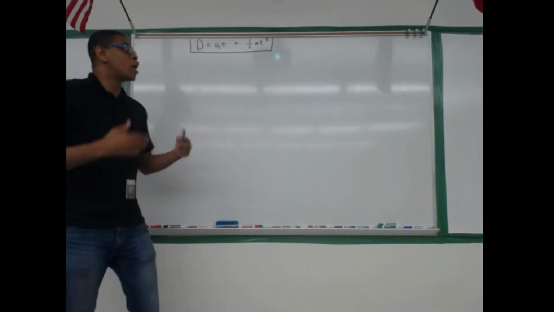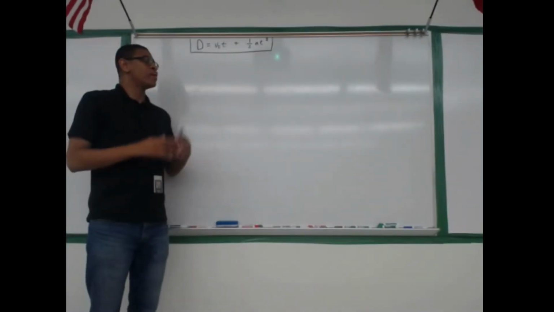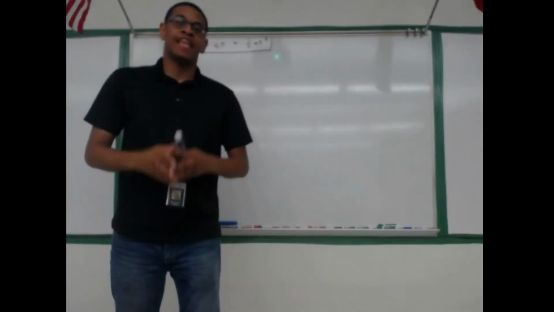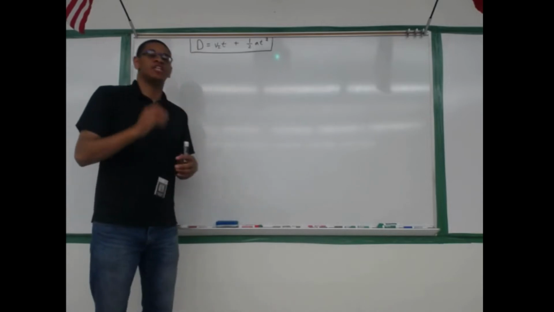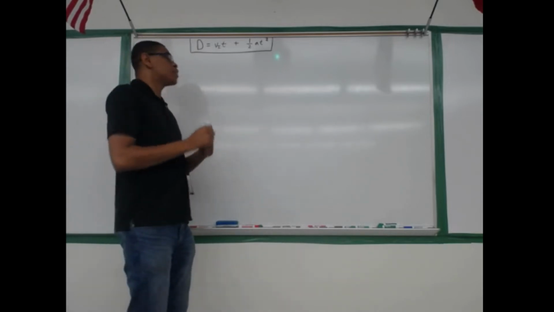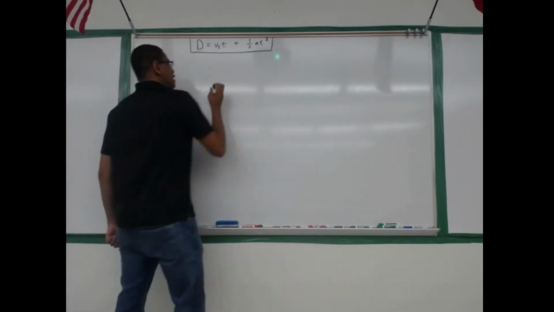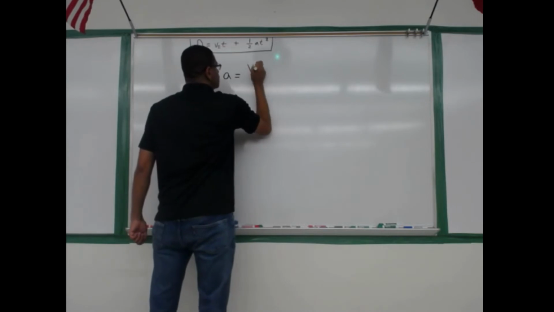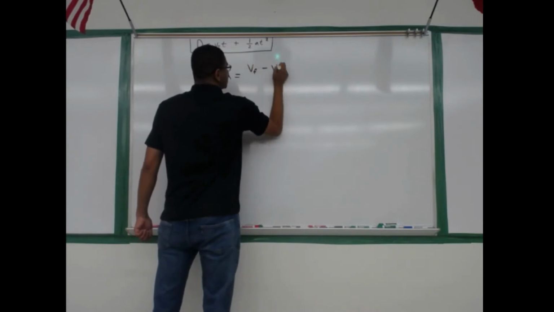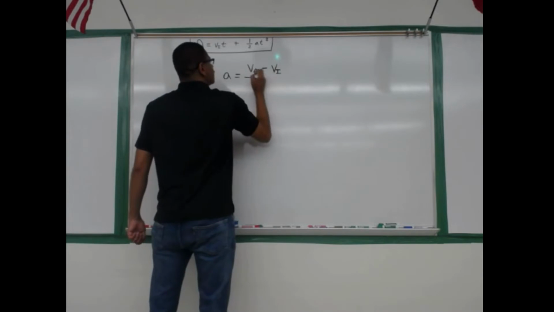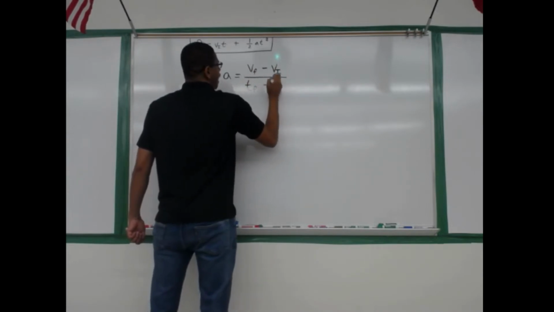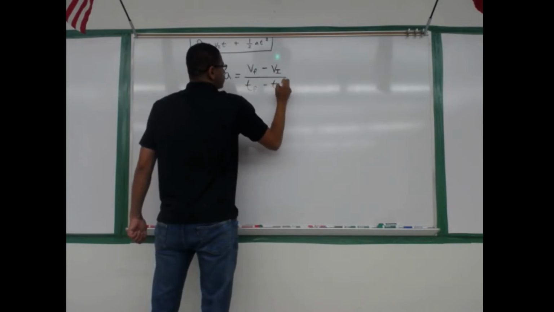Before we start deriving our equation, we have to start with the mathematical equation that we already know, and that is the definition for acceleration. If you remember what I told you, the definition of acceleration is equal to an object's final velocity minus an object's initial velocity, divided by an object's final time minus initial time.